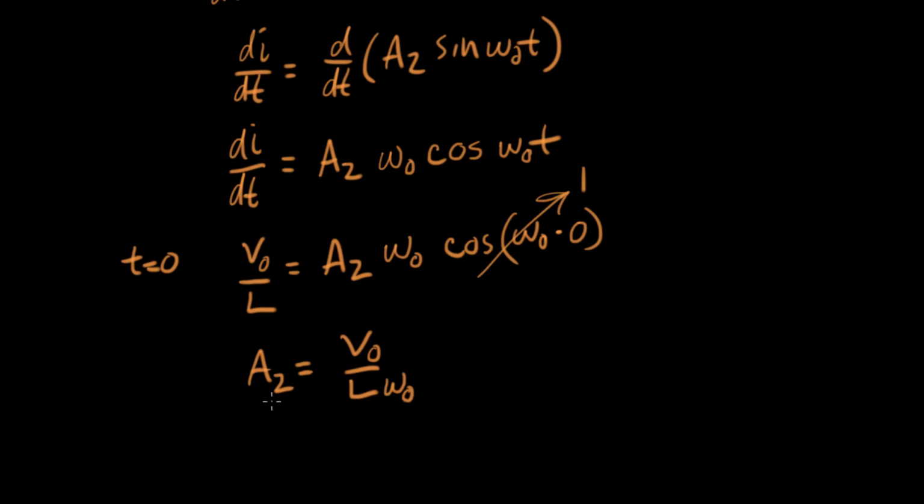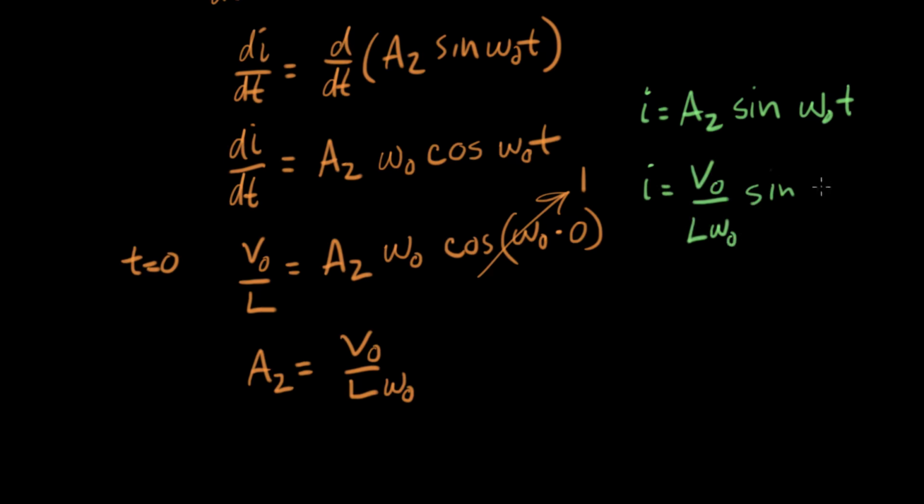So now we've solved for our second adjustable parameter, and we can write I. I was A2 sine omega naught t. So let's fill it in for A2. I equals A2 is V naught over L omega naught times sine omega naught t.